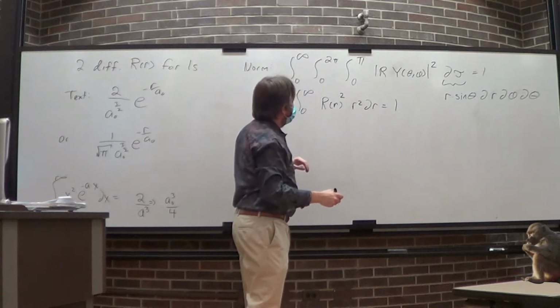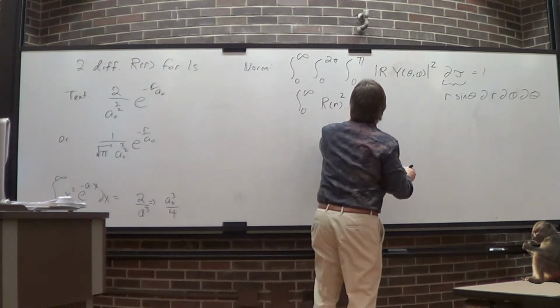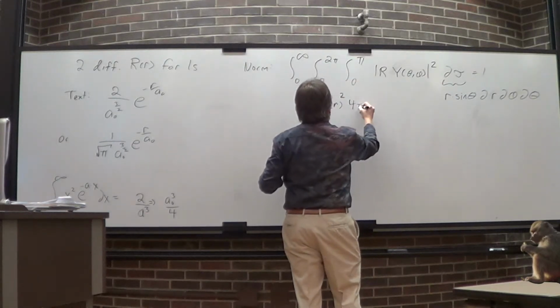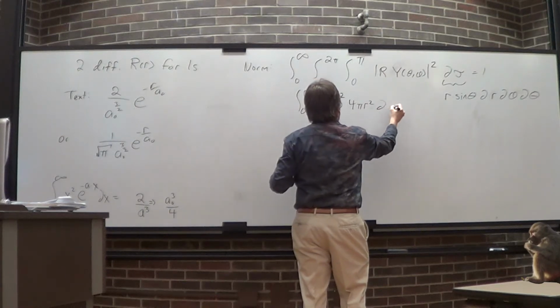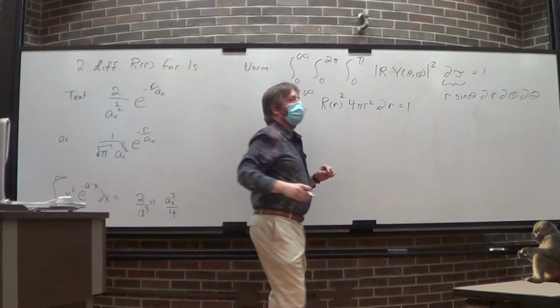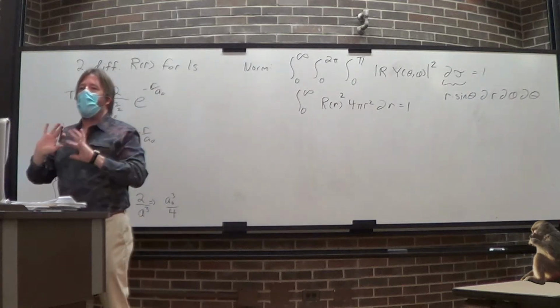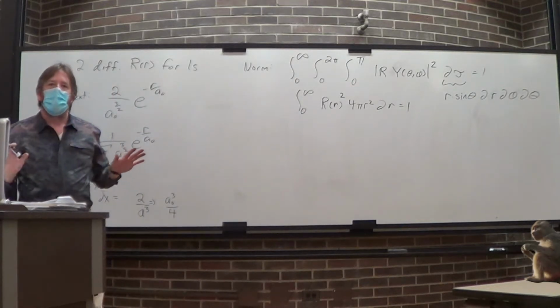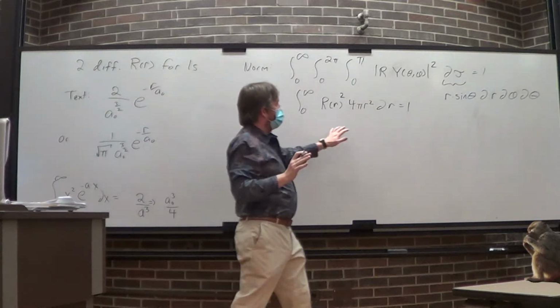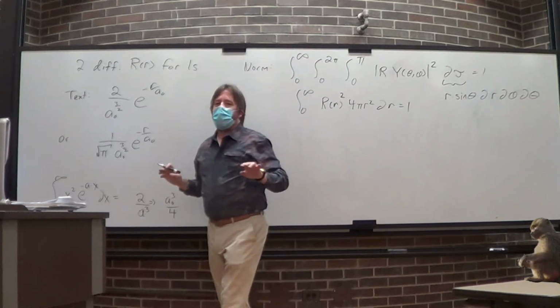Let's just simplify it, and actually, that would be 4 pi r squared. Let's simplify it with no angles and say that this is normalized.